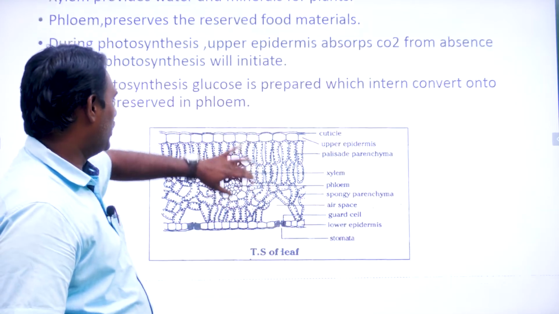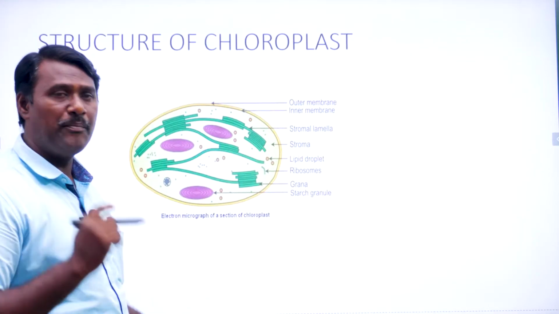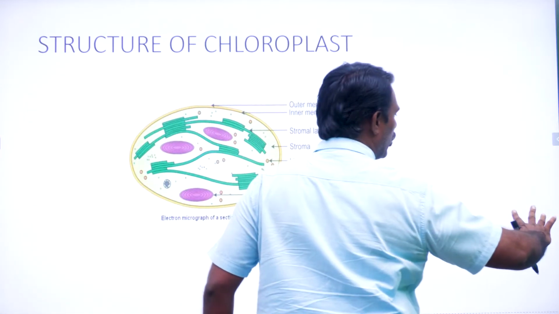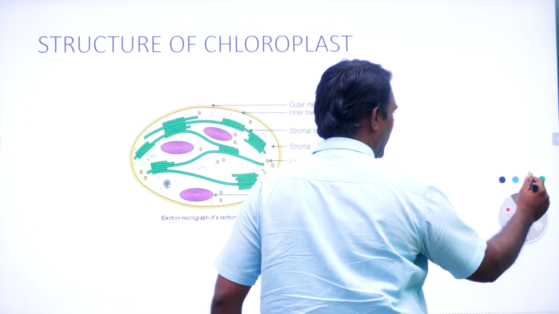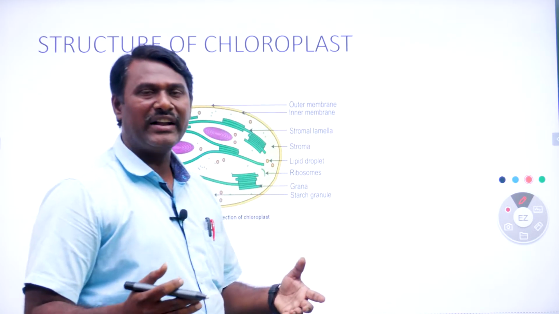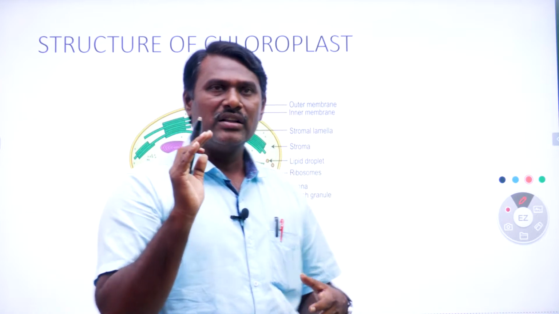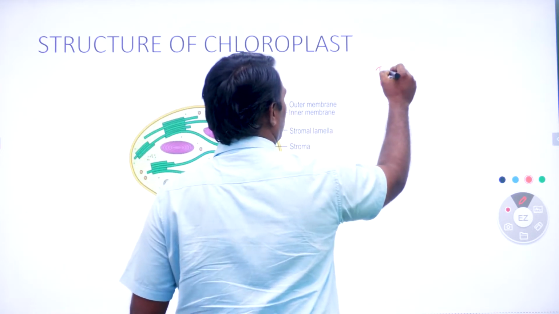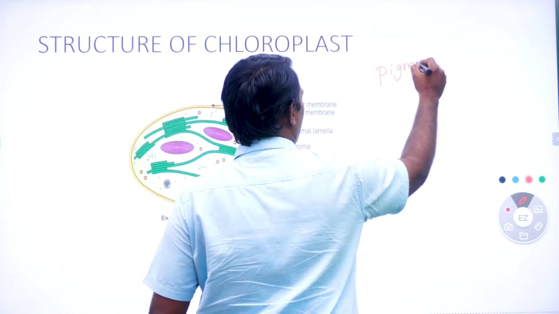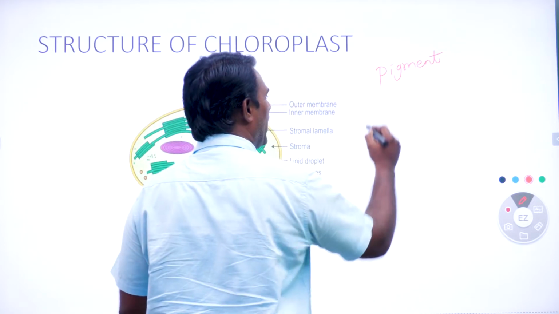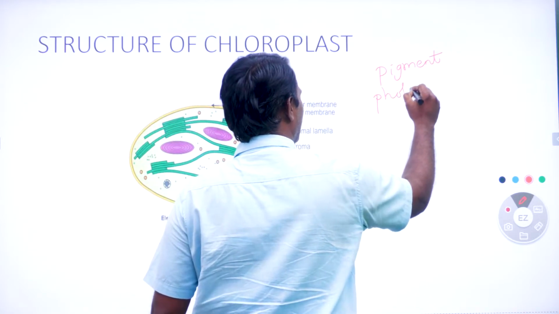Okay. Next one we can see here, a very important cell organelle we can call chloroplast. Okay. So now we have discussed the leaf, internal structure, external structure, everything we have seen, and the main component, the main pigment required for photosynthesis.